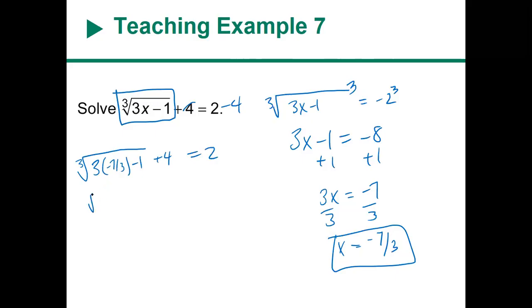So we end up with 3 times -7 minus 1 is -8 plus 4. And the cube root of -8 is -2. -2 plus 4 is 2. And therefore it is real. Yay.